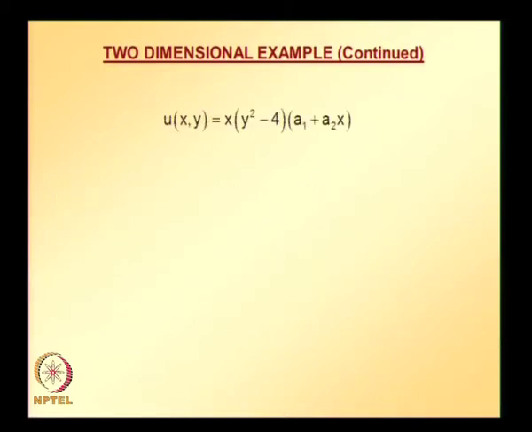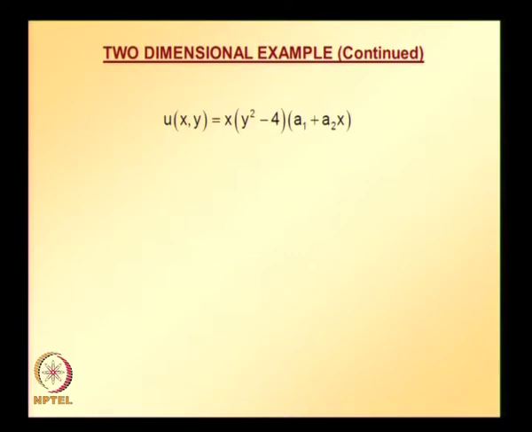Now let us look at the weight functions. If you recall, for the Galerkin criterion the weight function is defined as the partial derivative of the trial solution with respect to the unknown parameters. Here we have two unknown parameters a1 and a2.